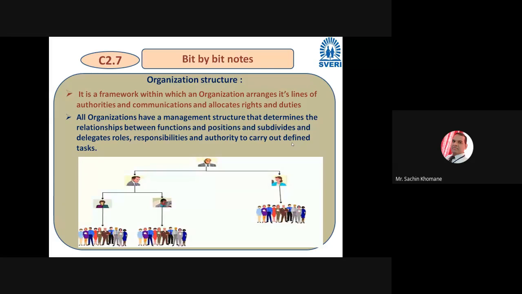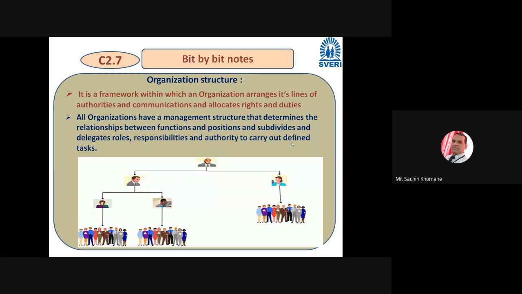Anybody else? No. So, Gaurav, you are right. Centralized partially, but I would say a decentralized structure. Okay, decentralized. One boss is there and he decentralized his work.